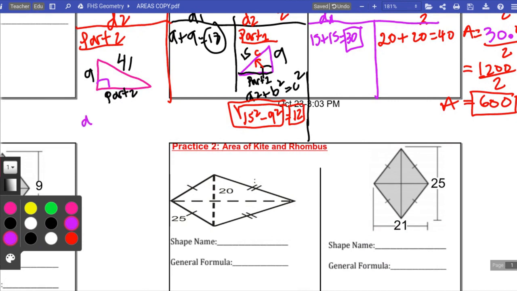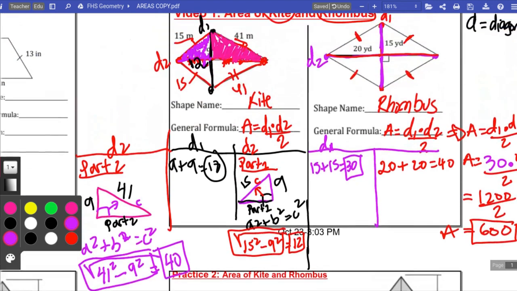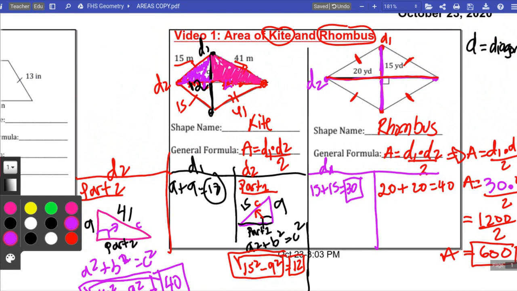Like I said, you remember a squared plus b squared equals c squared? Well, if the side opposite to the right angle is given, meaning you know what it is, you're going to use this formula instead. You're going to use the 41. You start with the c first, 41 squared minus the other number from the triangle squared. When you plug it in the calculator, it gives you 40. I already know it gives you 40. So 40 is the number that goes right here.